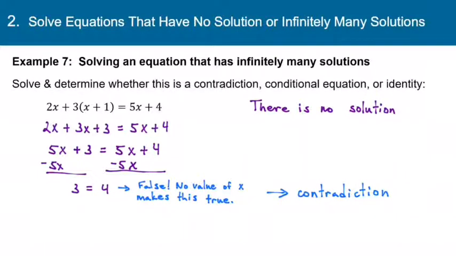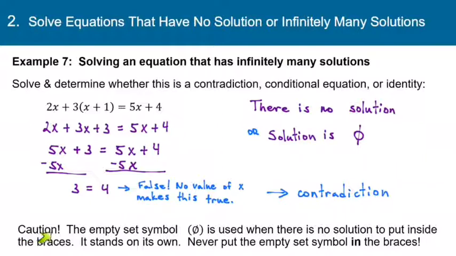Now, when there's no solution to an equation, we say that the solution is the empty set. And this is the symbol for empty set. It is a circle. It looks like a 0, but it's really a circle with a line through it. And again, this symbol stands for empty set, and we only use this if the equation has no solution.